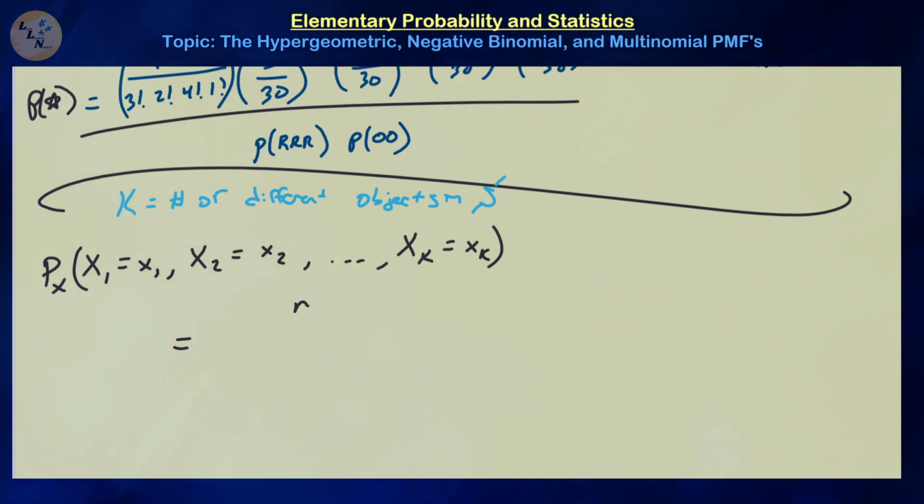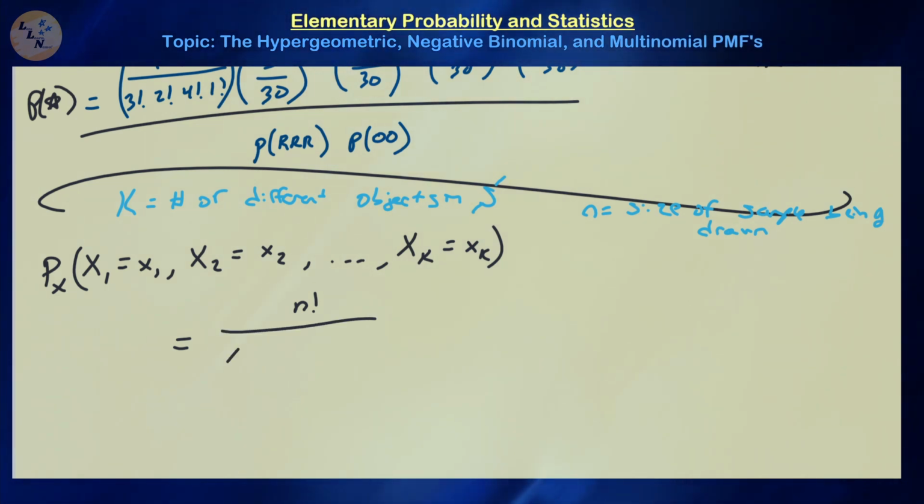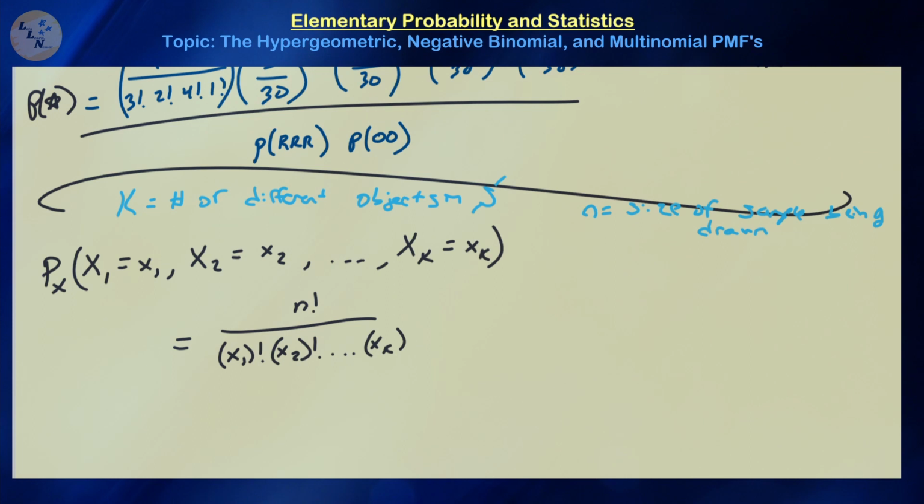This is going to be equal to n factorial, where n is the size of the sample being drawn, which could definitely include repetition, so we need to take that into account. We want exactly x1 of them for object 1, x2 of those, and all the way out to xk of those.